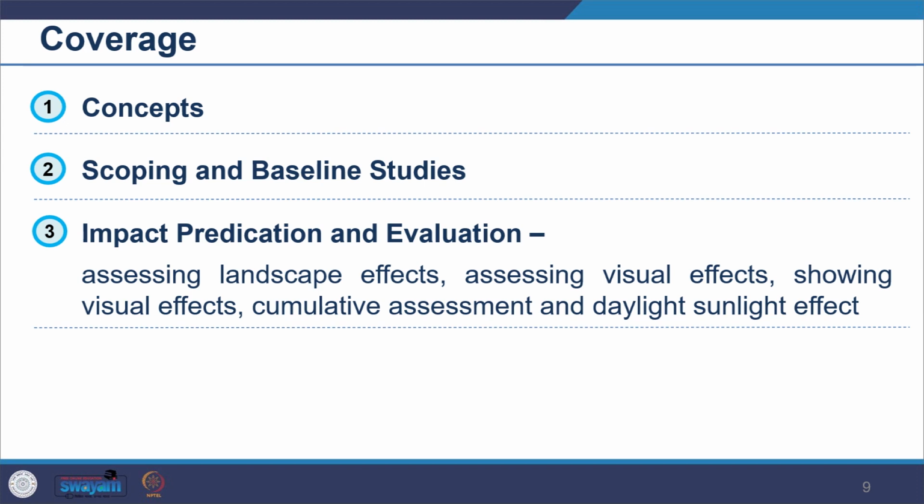And then what do you undertake in impact prediction and evaluation? How do you assess the landscape effects? How do you assess the visual effects? How do you present your results, or your perspective of what kind of change you are seeing? And then how do you undertake cumulative assessments? And how do you see how the effect might change in terms of daylight, sunlight, and things like that?